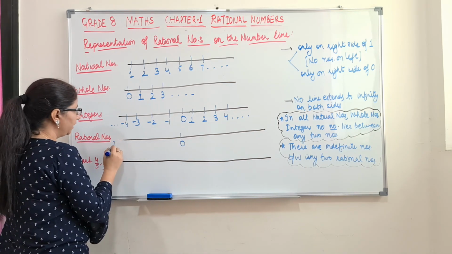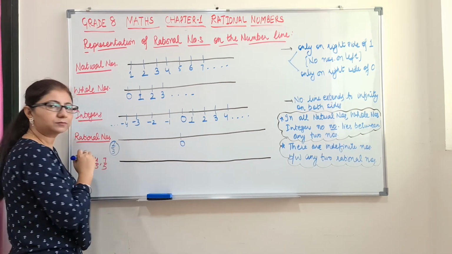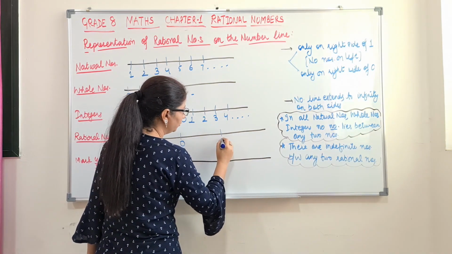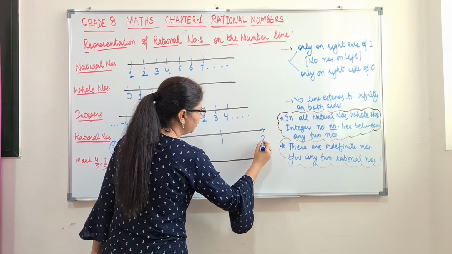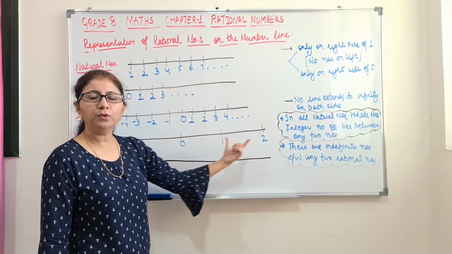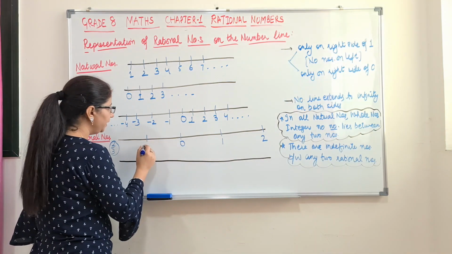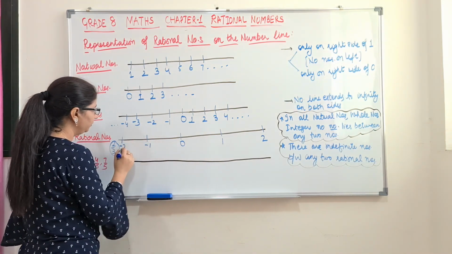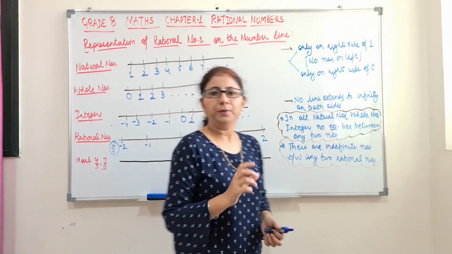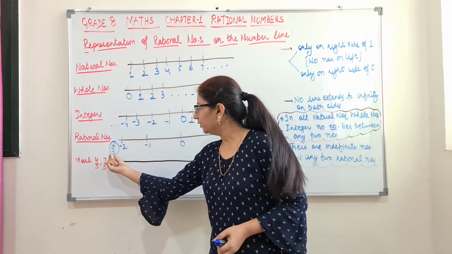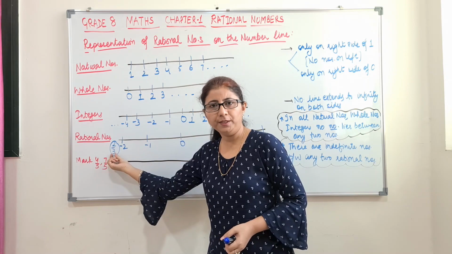Suppose I need to mark 2 by 3 on the number line. So what I will do is we will mark 1, 2 and we'll have equal spacing between these two numbers. If on the left hand side I need -1, -2. Now please note that whenever we have to represent any rational number, first we will focus on denominator.